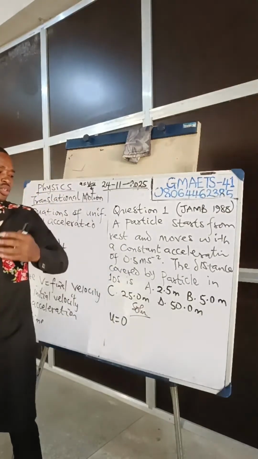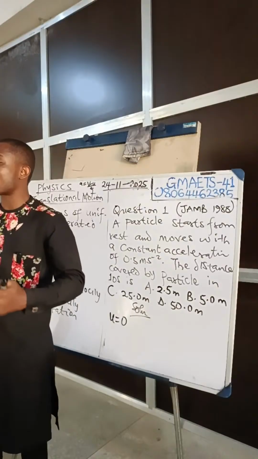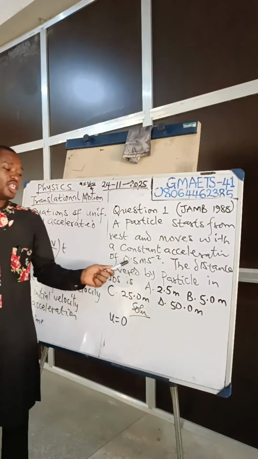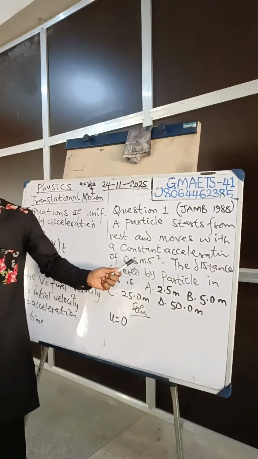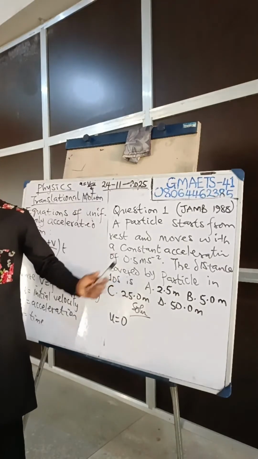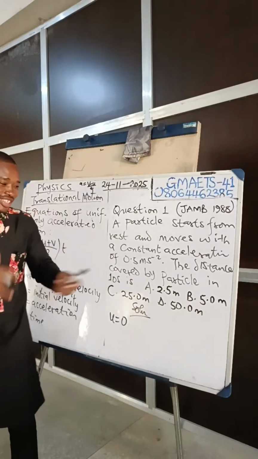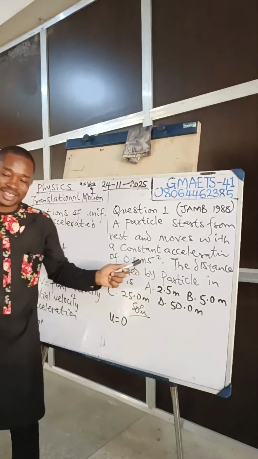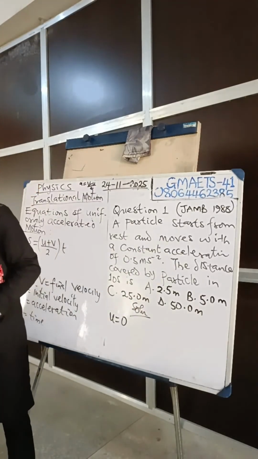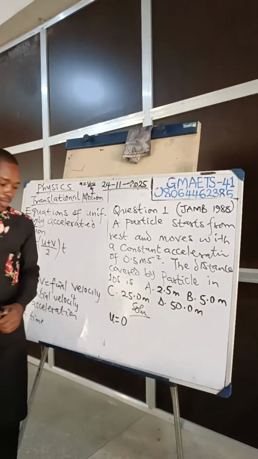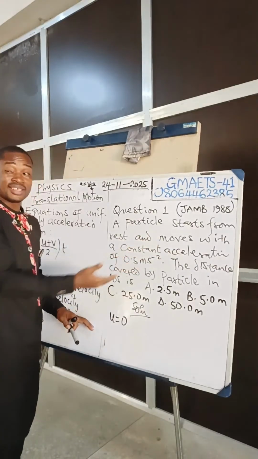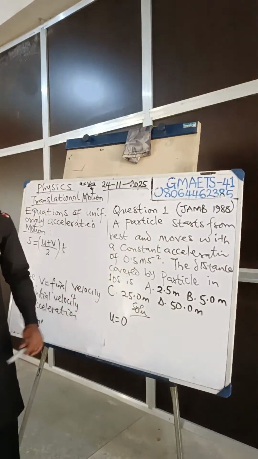And it moves with a constant acceleration of 0.5 meter per square second. Now, this 0.5 meter per square second represents which quantity? Acceleration. Even if you cannot tell from the grammar that this is acceleration, remember, that's why I told you the unit. You don't joke with unit. But of course, if you look at the grammar, you know that this is acceleration. However, there are sometimes they will not tell you.